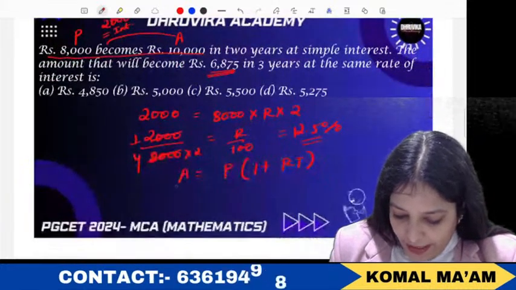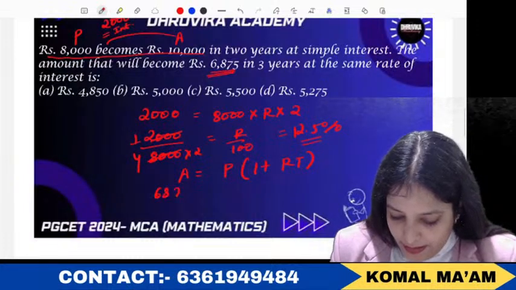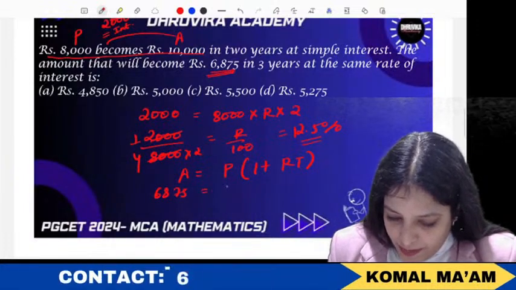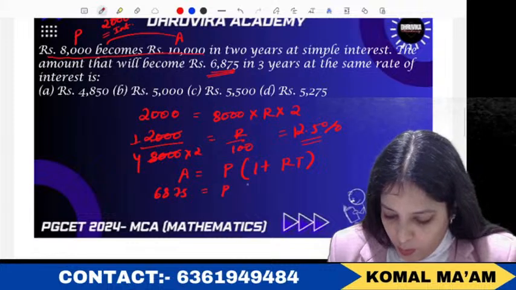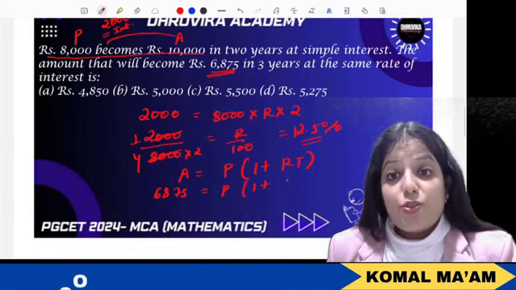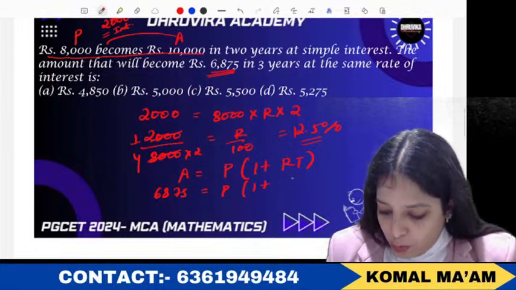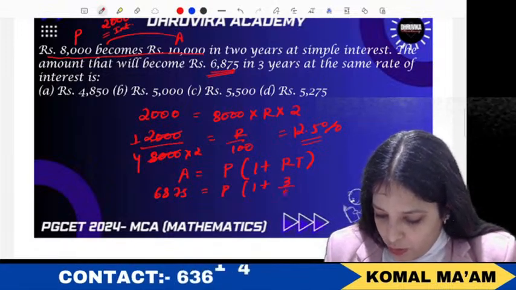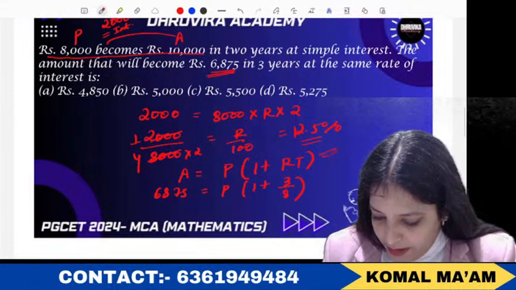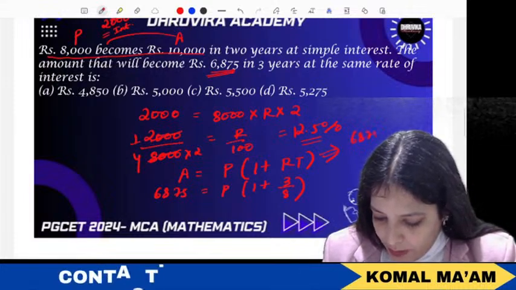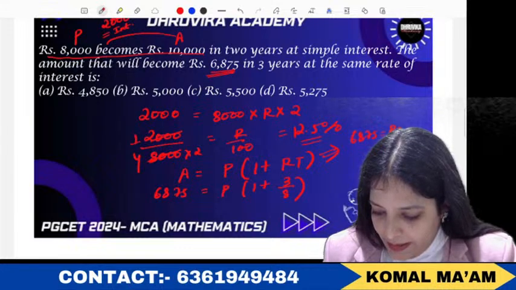Okay, so we are having amount as 6,875 and principal we are required to find. 1 plus R, it's 12.5%, in the fractional form it would be 1 by 8 into 3, that would be 3 by 8. So eventually when you will solve it, 6,875 equals to P into 11 by 8.